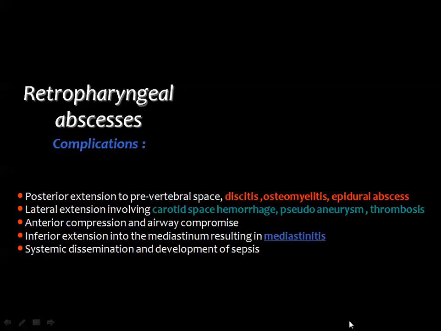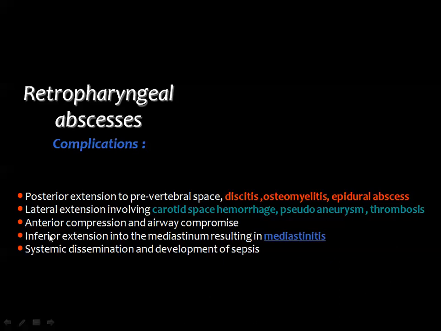Then complications of the retropharyngeal abscess: it may spread posteriorly, affecting the spine, leading to discitis, osteomyelitis, and spread of the infection inside the spinal canal. The lateral extension is very dangerous because it will lead to a parapharyngeal abscess, which is intimately related to the carotid space, and it may affect the carotid artery or the internal jugular vein.